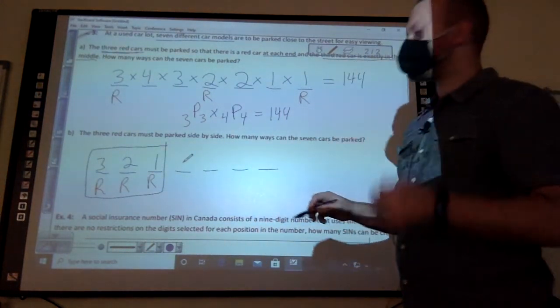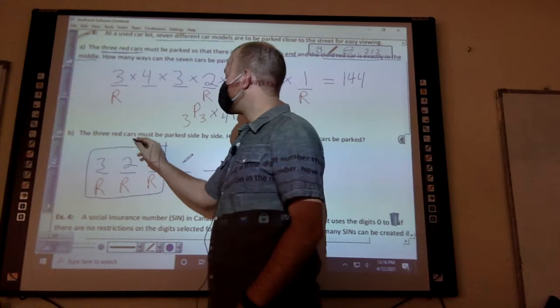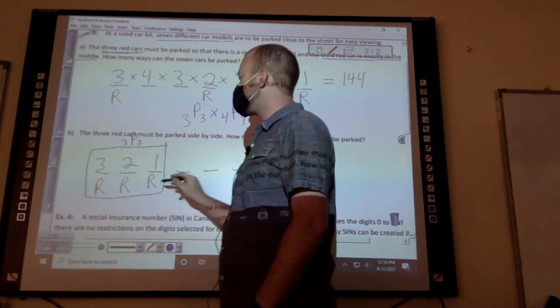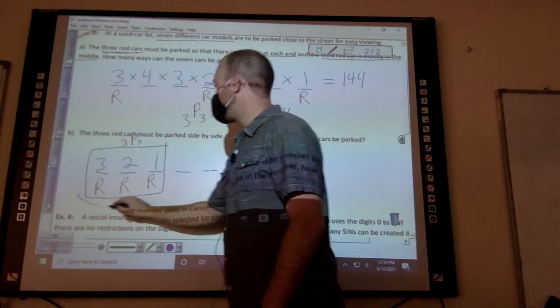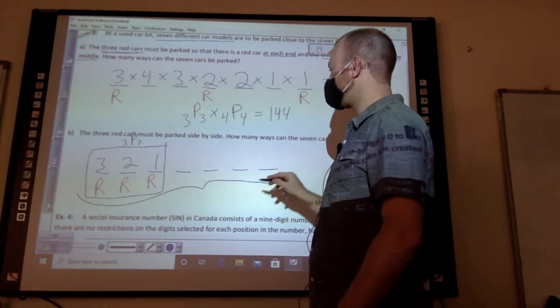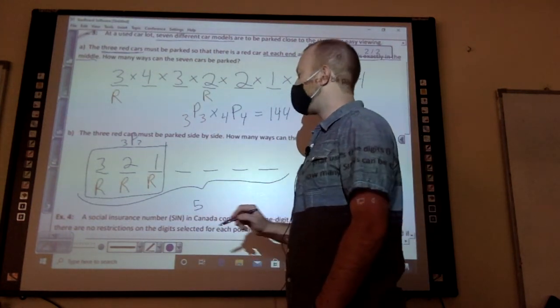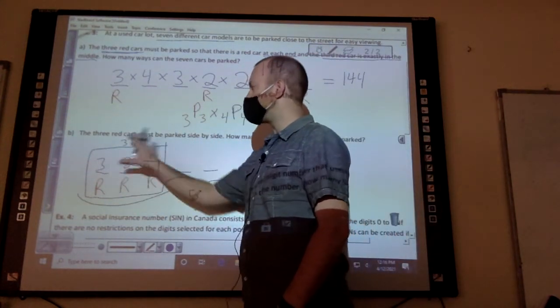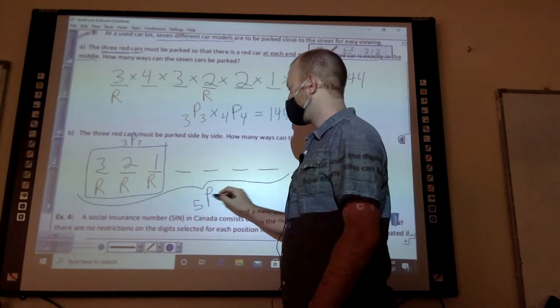So this part here is our 3P3, just dealing with the red cars. If I'm looking now at this whole system, I've got 5 options, this car, this car, this car, this car, or this whole system, 5P5.